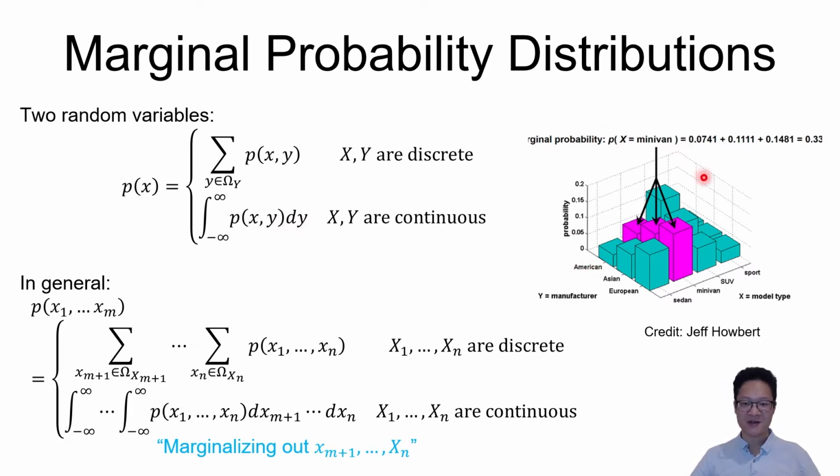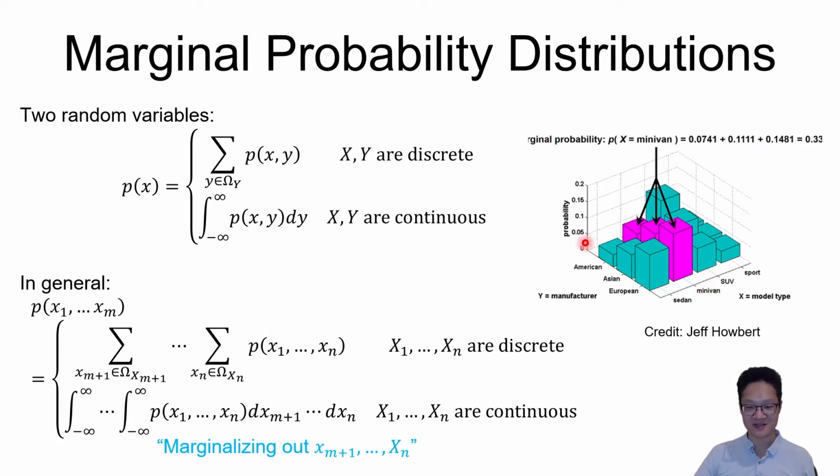Pictorially, the marginal probability distribution simply represents the heights of each of the rows or columns. In this case, I guess we can call that a column. So the marginal probability distribution is just going to be, in this case, the probability that X equals minivan. So that's going to be equal to the sum of all of these.